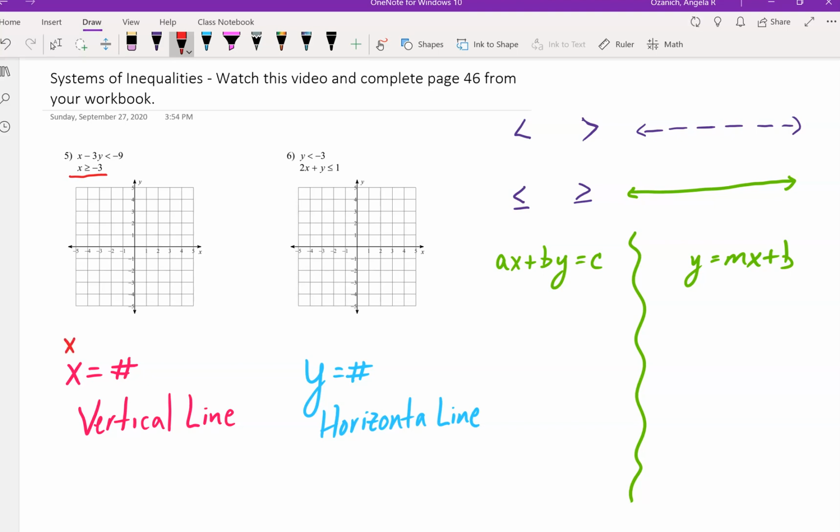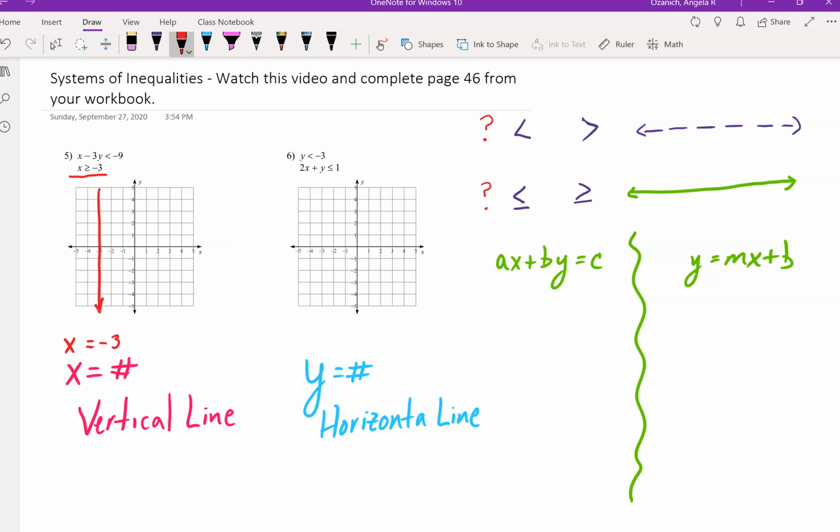I'm just going to start by graphing x equals -3. So I'm going to go to -3 on the x-axis and start making my vertical line. I ask myself, is this a greater than or a greater than or equal to? I see that it's a greater than or equal to, so I'm going to draw a solid line just like that.